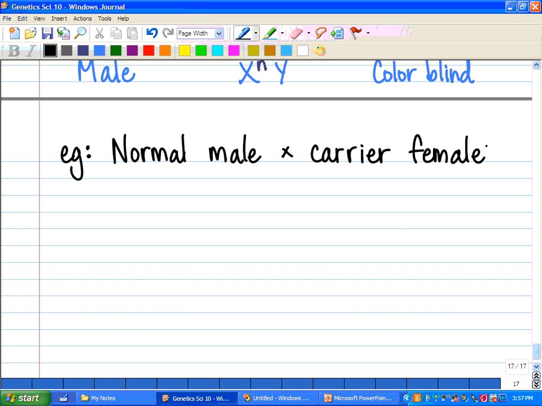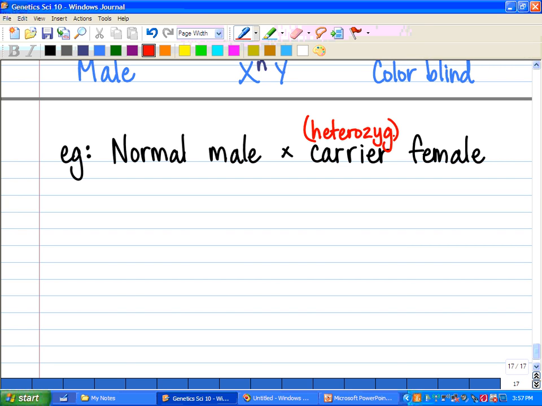When we talk about sex-linked traits, carrier means heterozygous. It's just a special name we use for a special case. So carrier means heterozygous. And I'll shorten it up a little bit to make life easy.